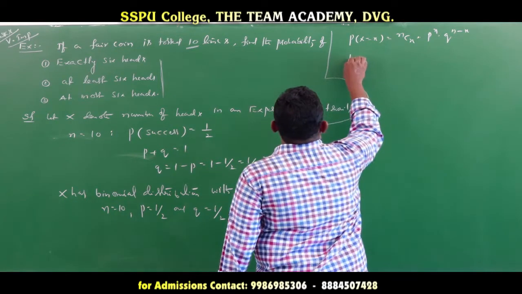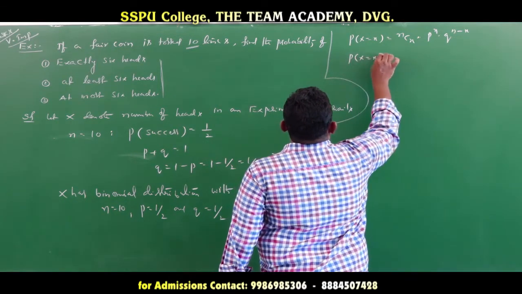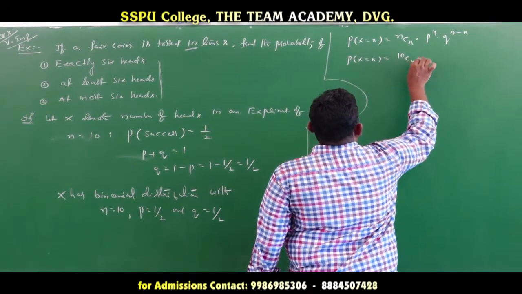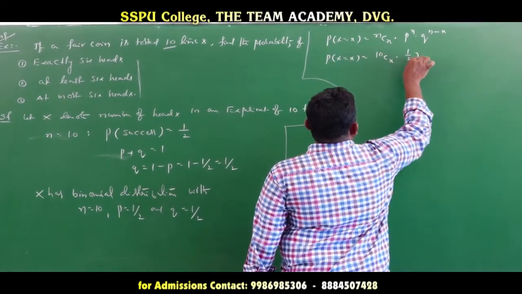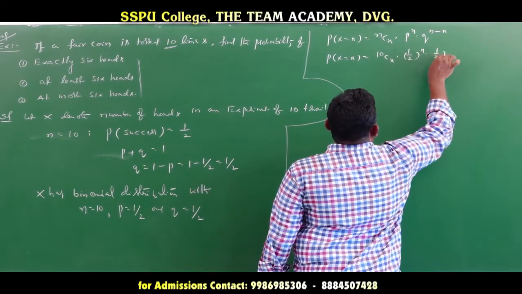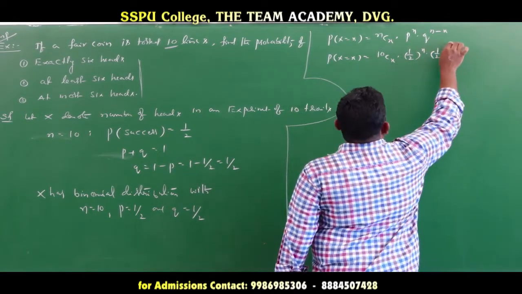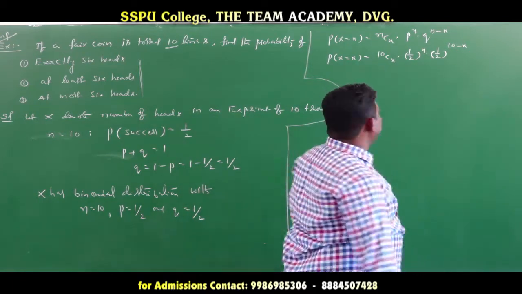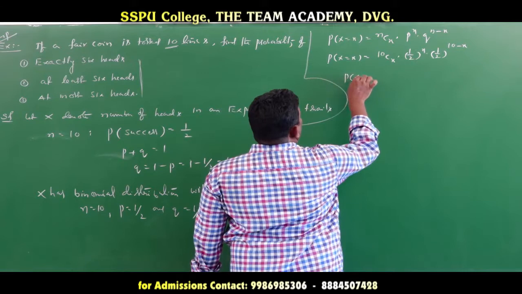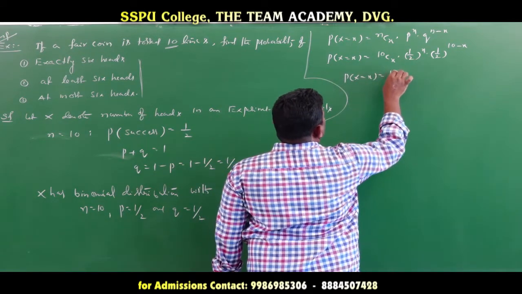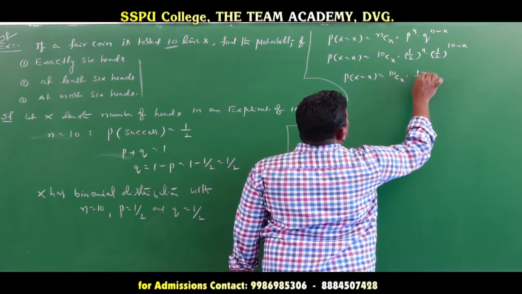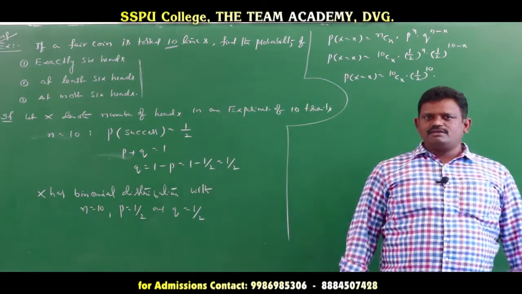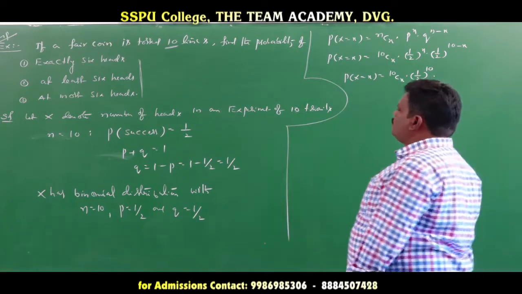Now probability of X is equal to x is 10Cx into 1 by 2 whole power x, into 1 by 2 whole power 10 minus x. Here the bases are the same, so if you add the powers, the x cancels. Then probability of X is equal to x is 10Cx into 1 by 2 whole power 10.